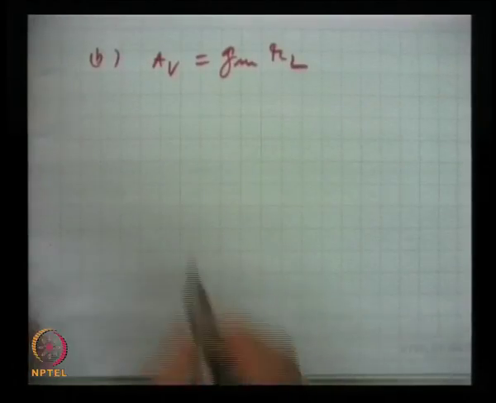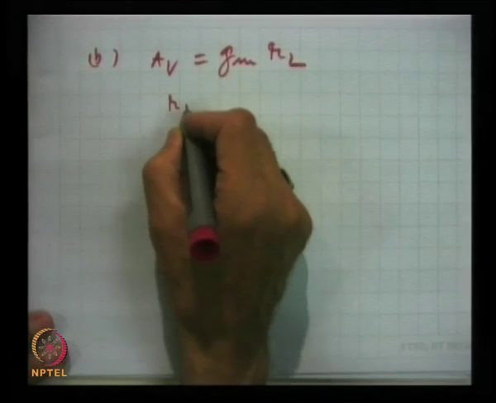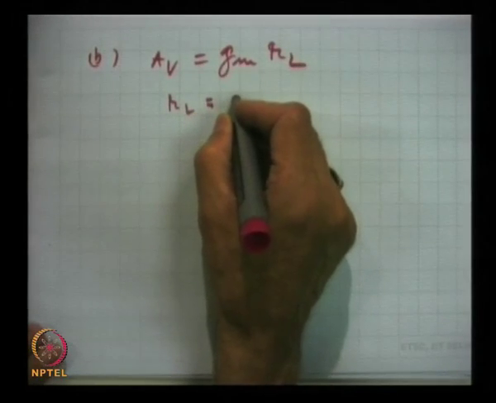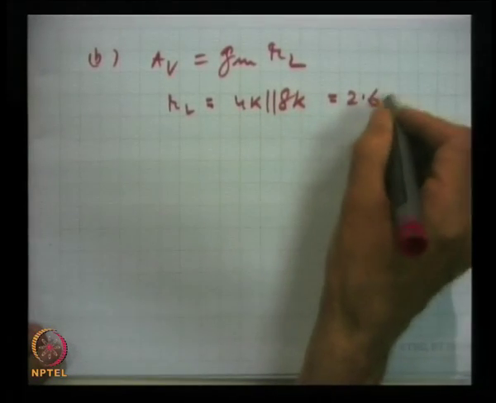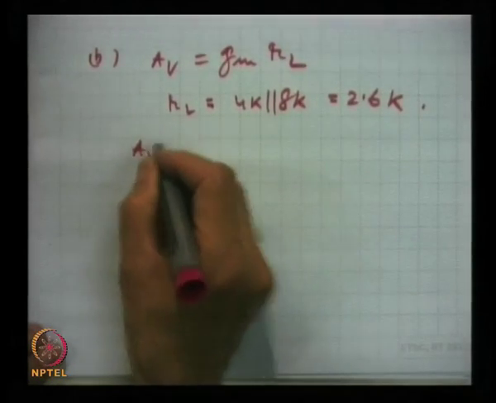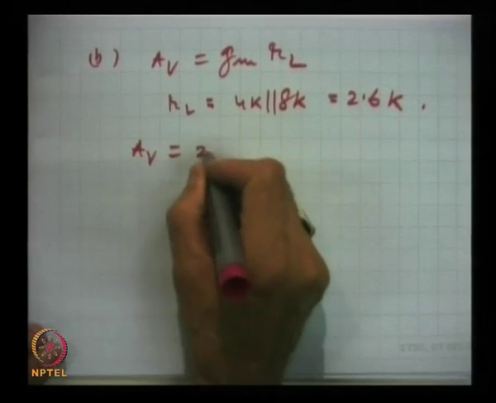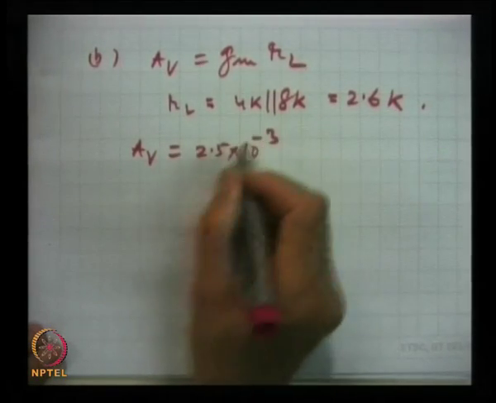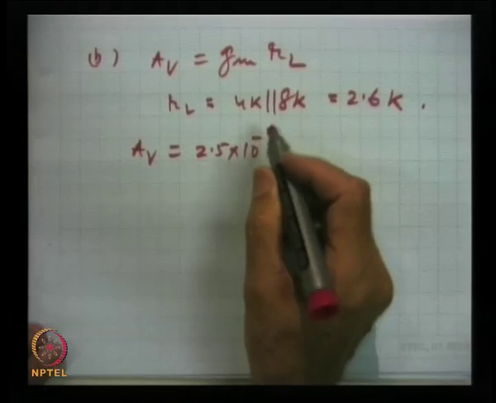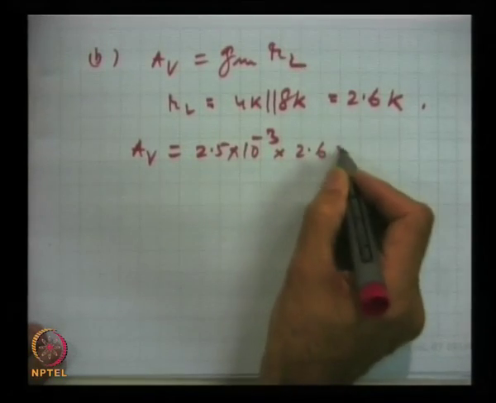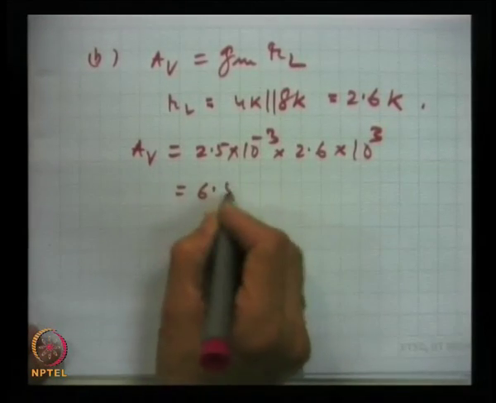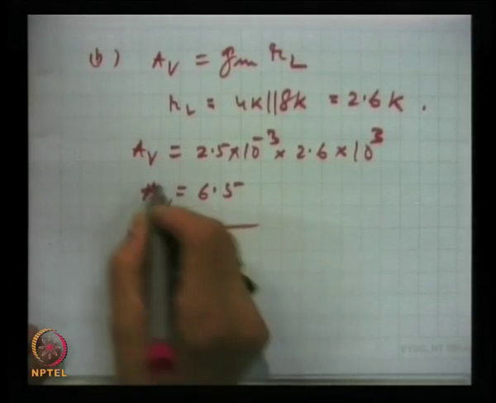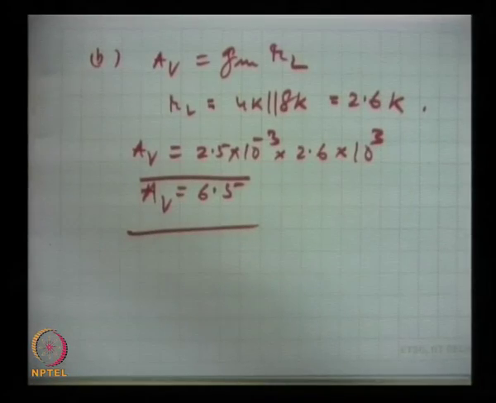So, hence RL in the present case is 4K and 8K, and that comes out to be 2.6K. So, then AV becomes 2.5 into 10 to the power minus 3, that is the value of gm, and into 2.6K. So, this is 6.5. The voltage gain for the common source amplifier is 6.5.